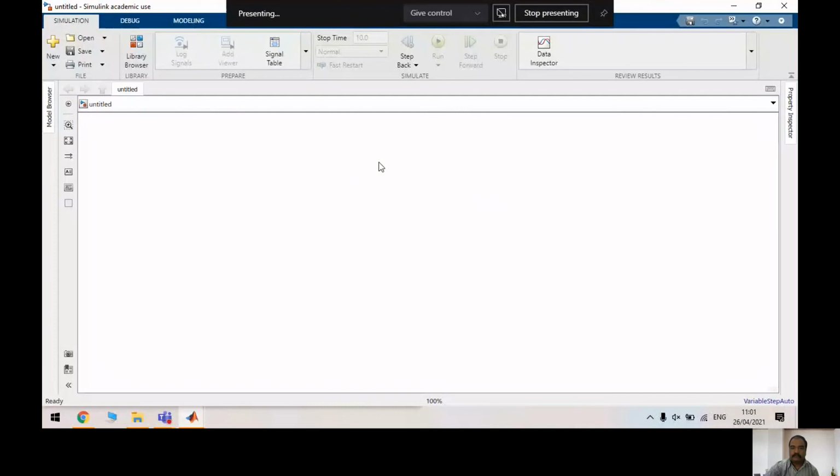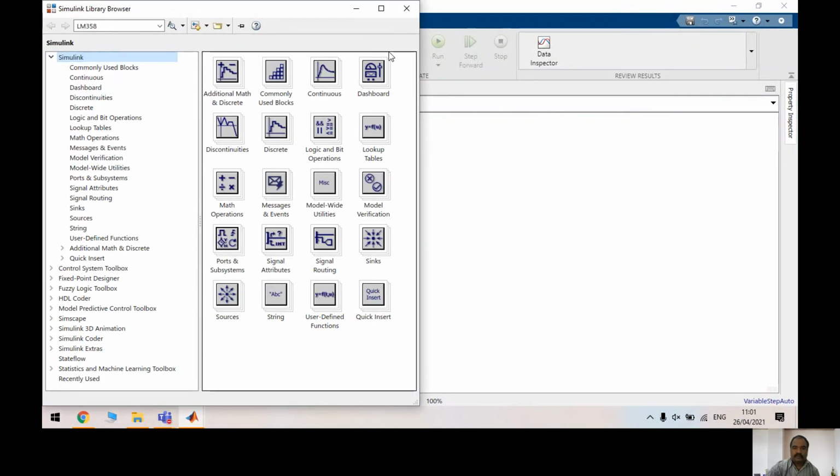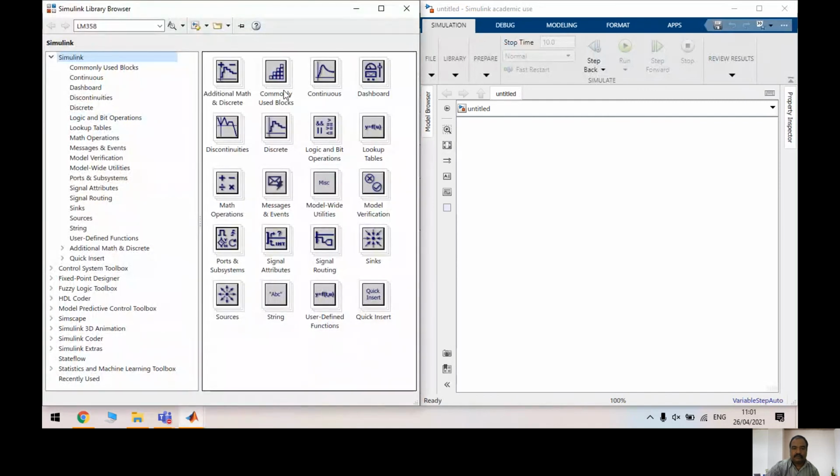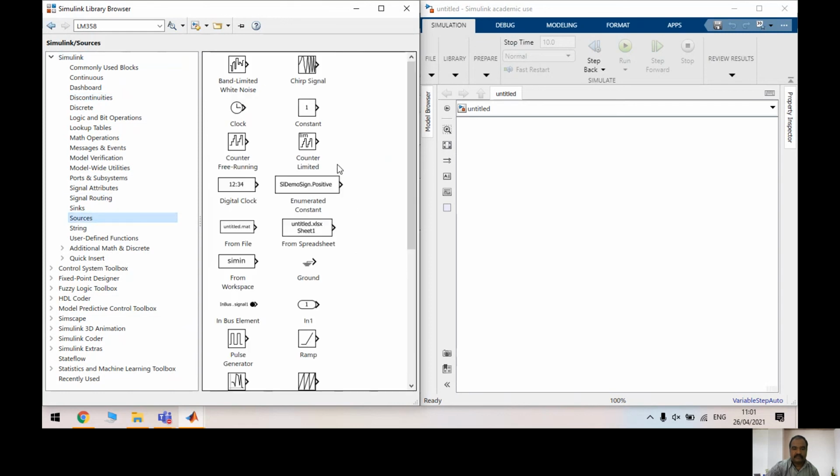Okay, I'm going to share, 1 minute. Okay, I have taken a new model now. So I'm considering the library browser. So what you need actually, you do need 2 inputs, right? You can find them in the sources.